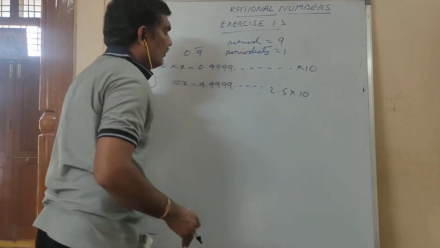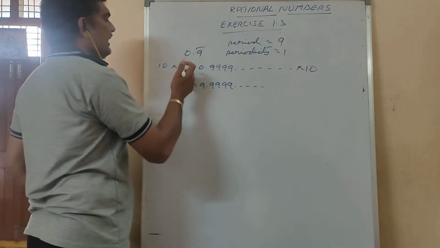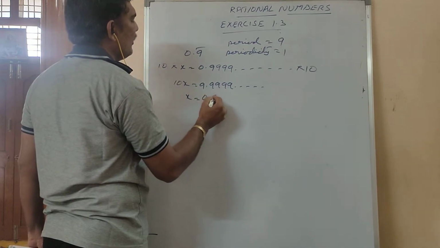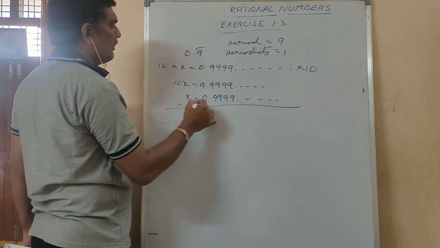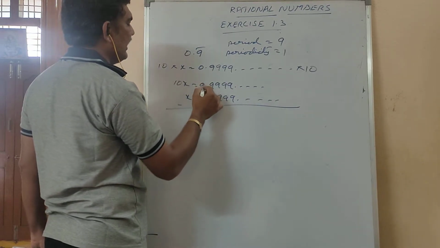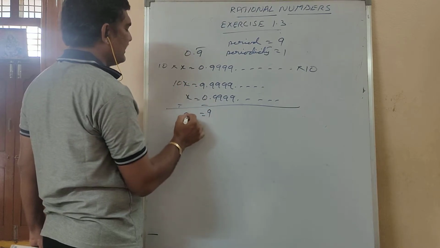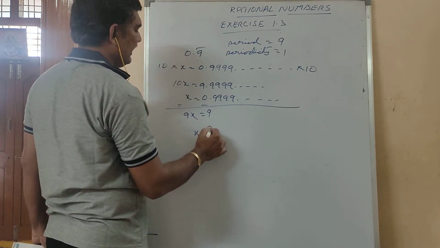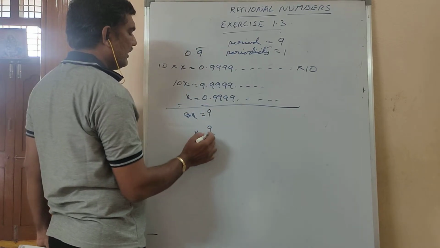So on the right side it becomes 9.9999 etc. It is the 10x value. Write the x value as it is: x is equal to 0.9999 etc. Now do subtraction. 9 minus 0 is 9. From 10x, if you subtract 1x, you get 9x. X is equal to, this 9 is multiplying here, bring it to this side, 9 by 9.